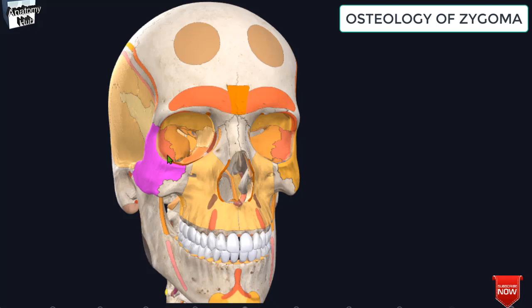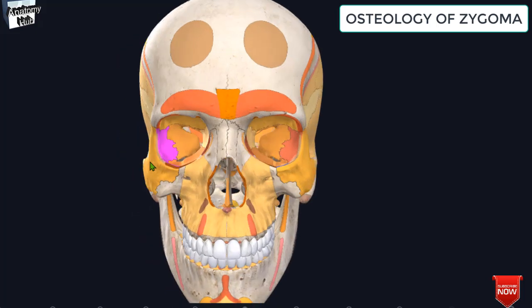Like that, here you will find the orbital surface that you can observe over here. So this orbital surface of the zygomatic bone forms the lateral surface of the orbit, and it is continuous with the orbital surface of adjacent bones.